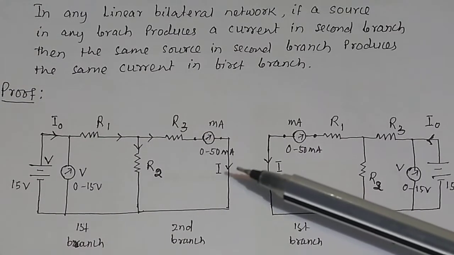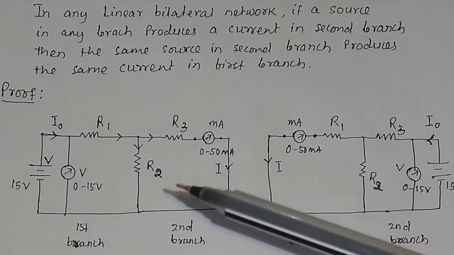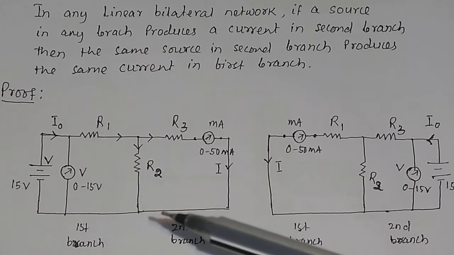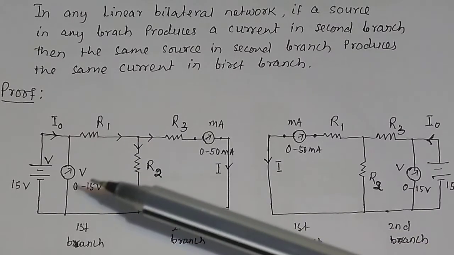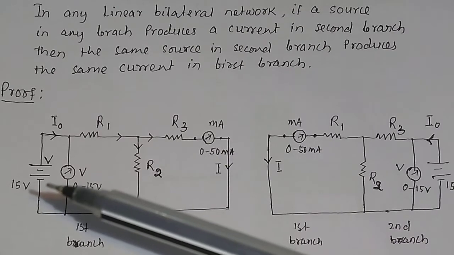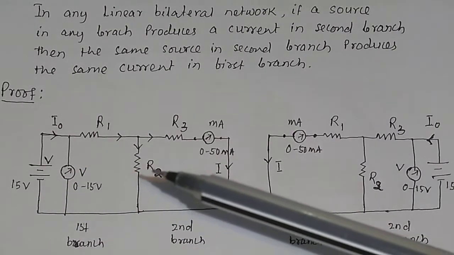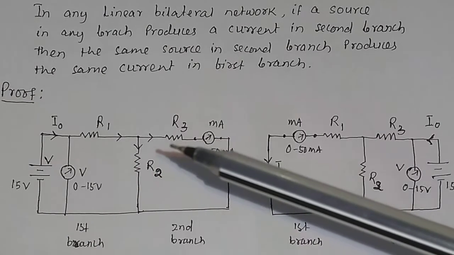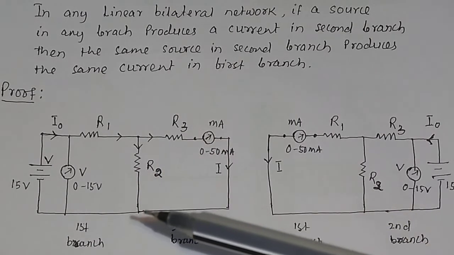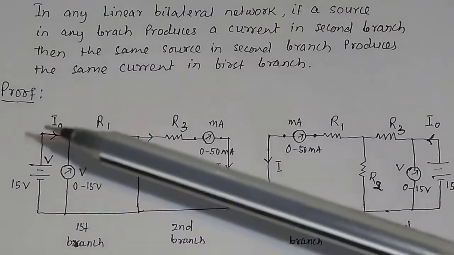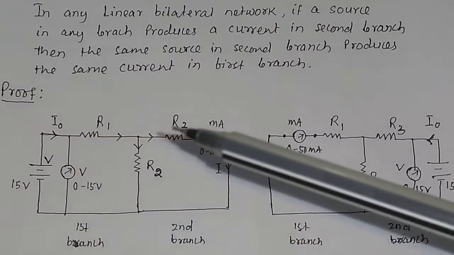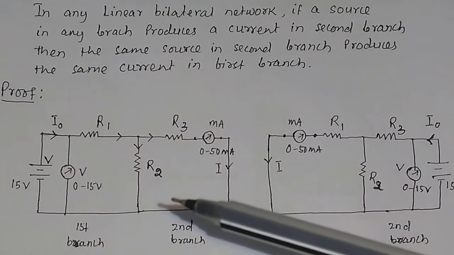As shown in the figure, this is a linear bilateral network. It consists of a voltage source V, and you have three resistances R1, R2 and R3. And here you have two branches. This is the first branch and this is the second branch.